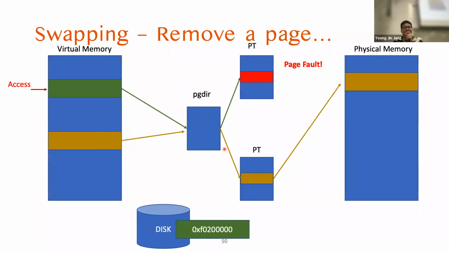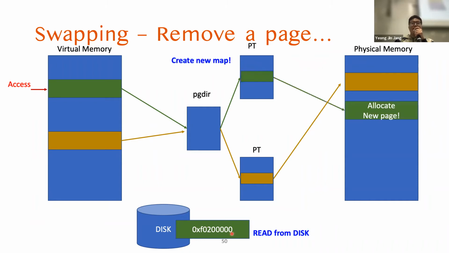So the final diagram about the swapping is that whenever this access happens and we get the page fault, then we can consult the disk. If the target page is found, then we can map it back like this. Then continue the execution.